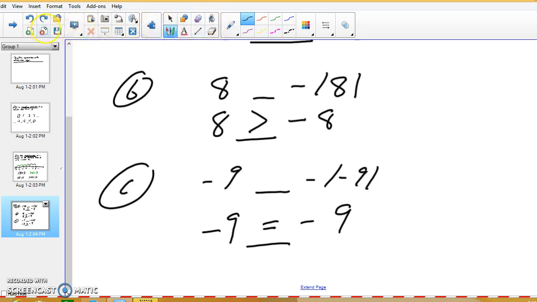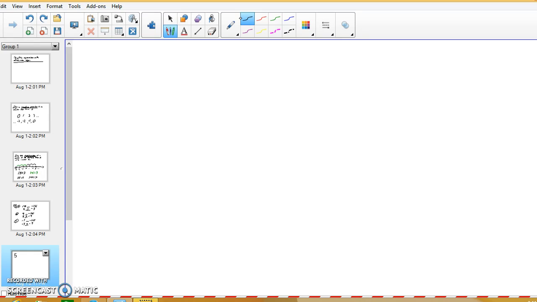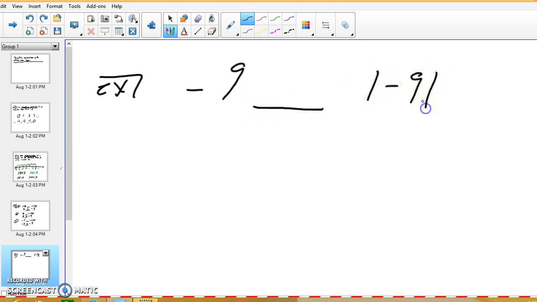So with keeping that in mind, let's go through a couple examples for you to work on. So say we have negative 9 is less than, greater than, or equal to the absolute value of negative 9.